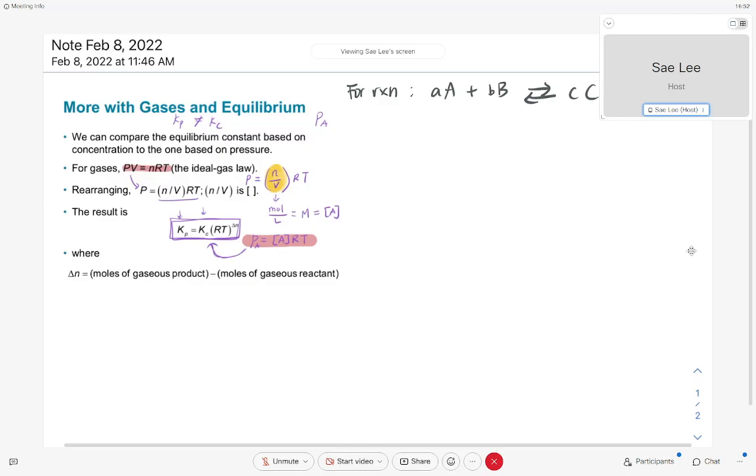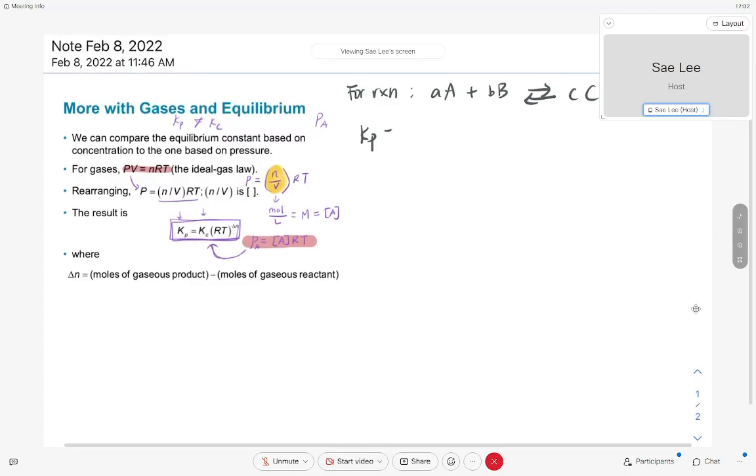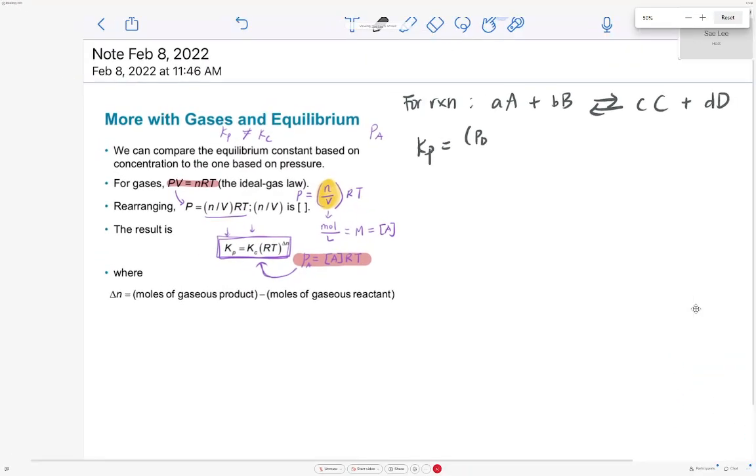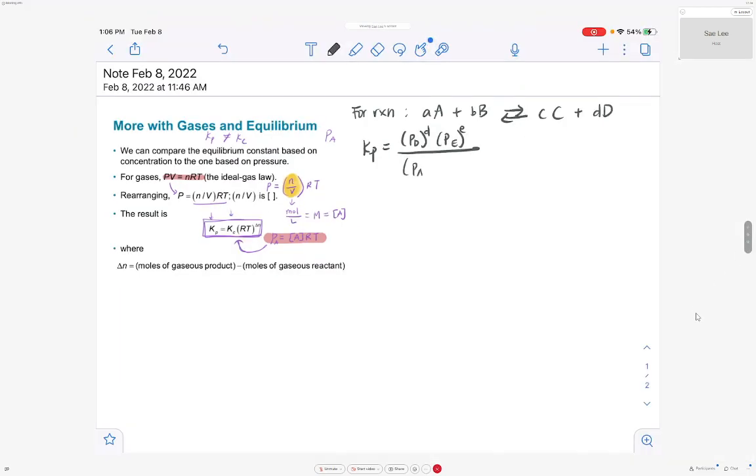The small letters a, b, c, d indicate the coefficients in front of them. This equation is what we already learned last week.